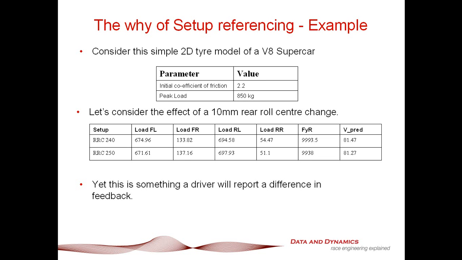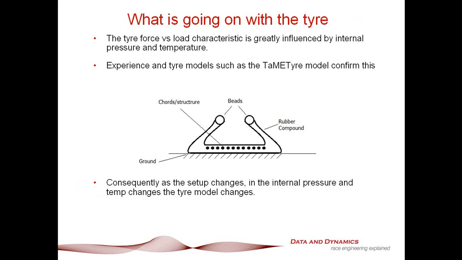So as with all things, the truth is going to lie somewhere in the middle between what we've discussed in our table here, where we've predicted a 0.2 of a k an hour change, and a driver swearing black and blue that a 10 mil rear roll center change transformed the car.